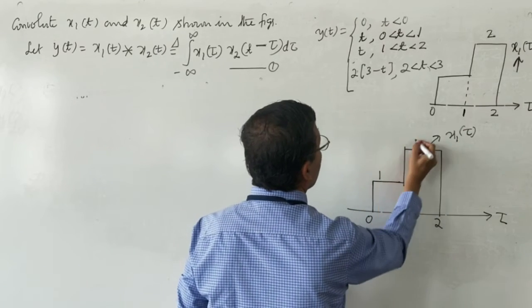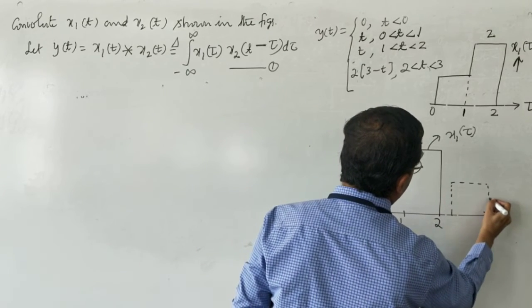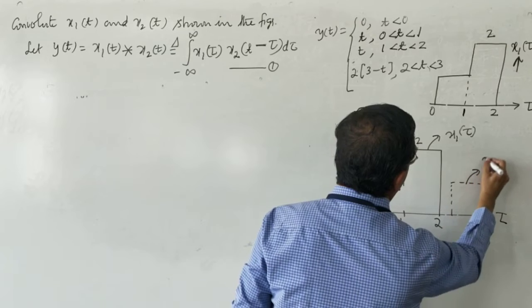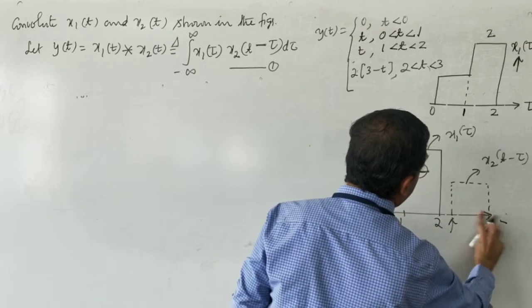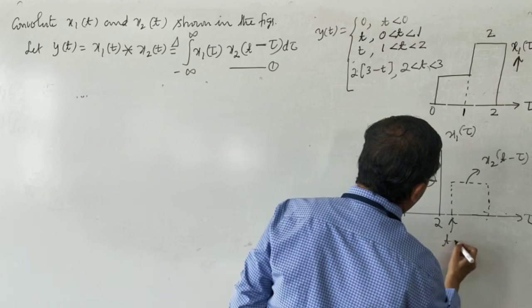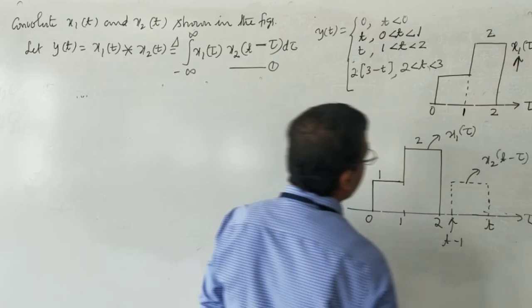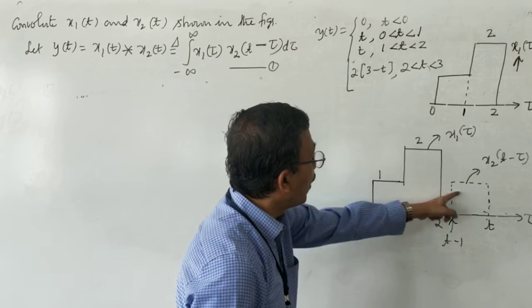This amplitude is 1, this amplitude is 2. The dotted figure refers to x2 of t minus tau. This edge is at t minus 1, this edge is at t. Now t minus 1 is more than 2. There is no overlap in the two figures.